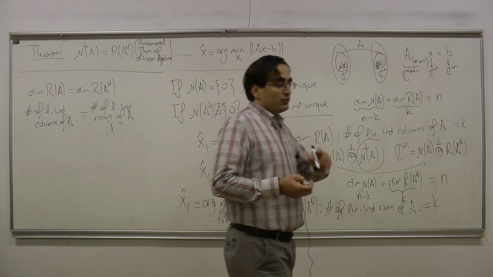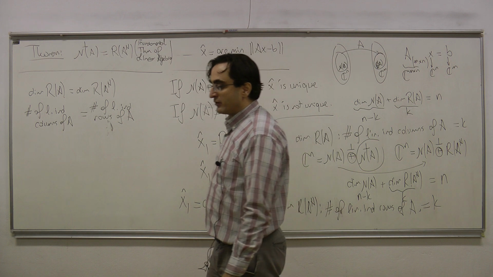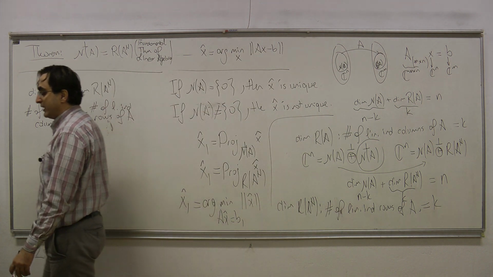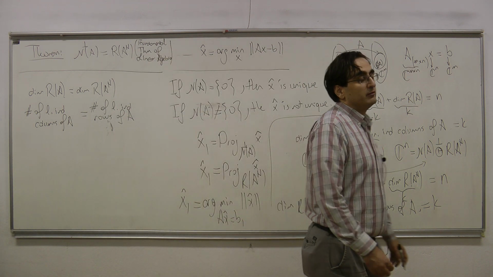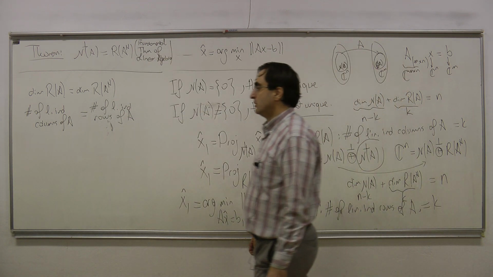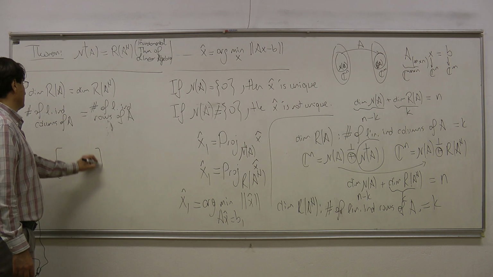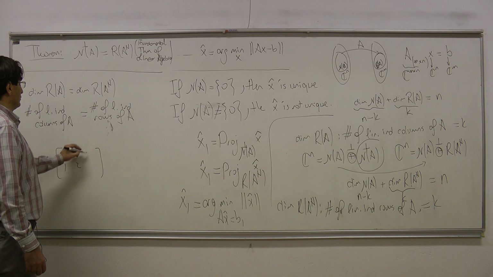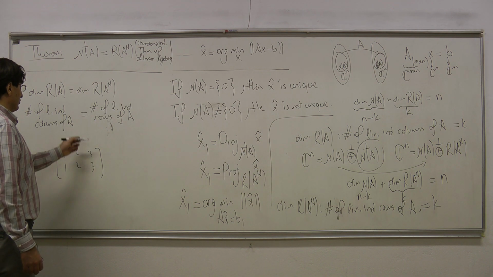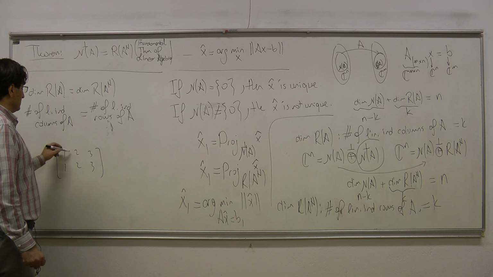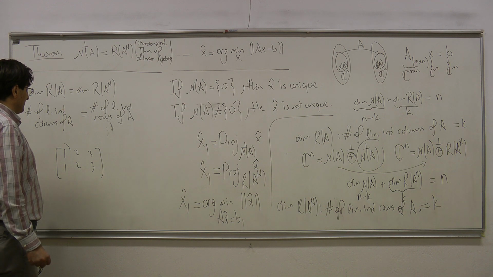Okay? So fill in an arbitrary matrix with some random numbers. If the number of linearly independent columns is k, the number of linearly independent rows will be at the same time equal to k. So here, just 1, 1, 2, 2, 3, 3. How many linearly independent columns? There is only one linearly independent column. I can choose this one, this one, this one, or the others are always linearly dependent.